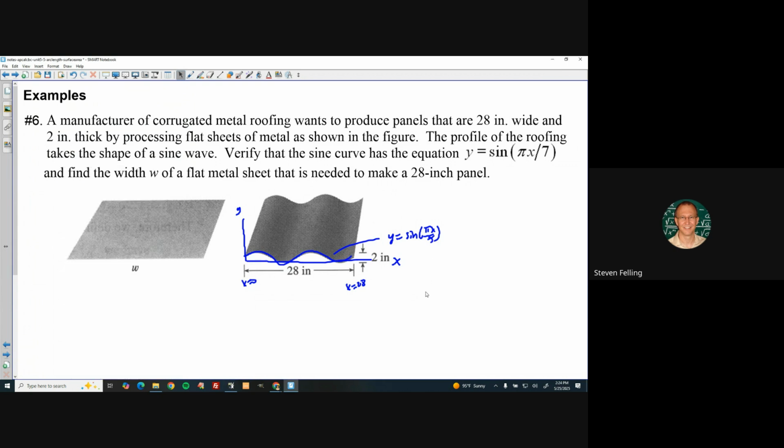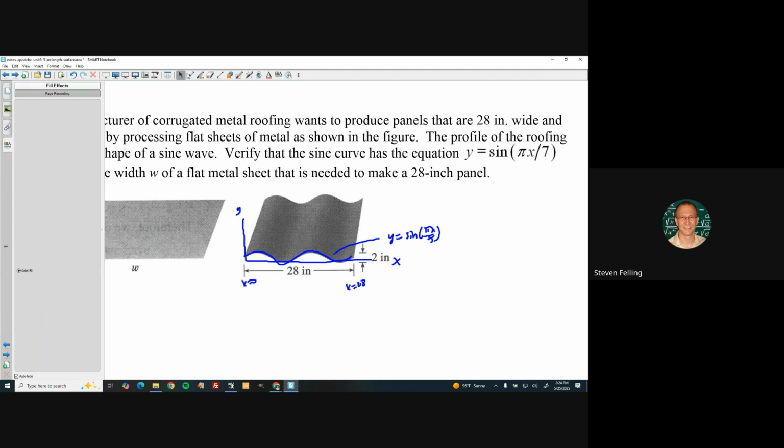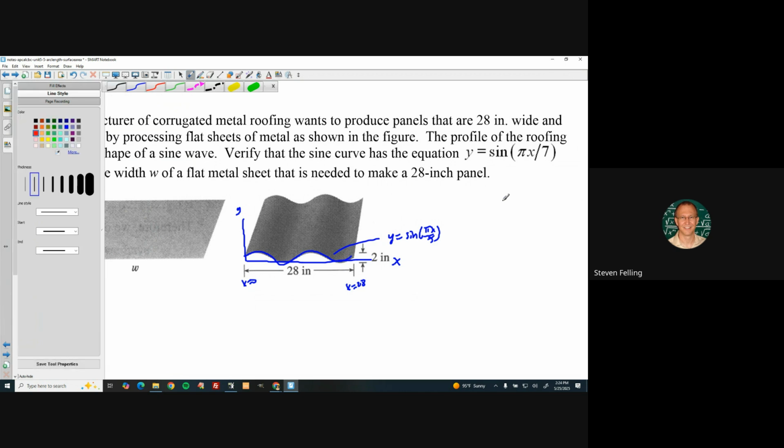All right, so then we're just going to find the arc length along that path, right? This is an arc length problem. So let's grab a pen.